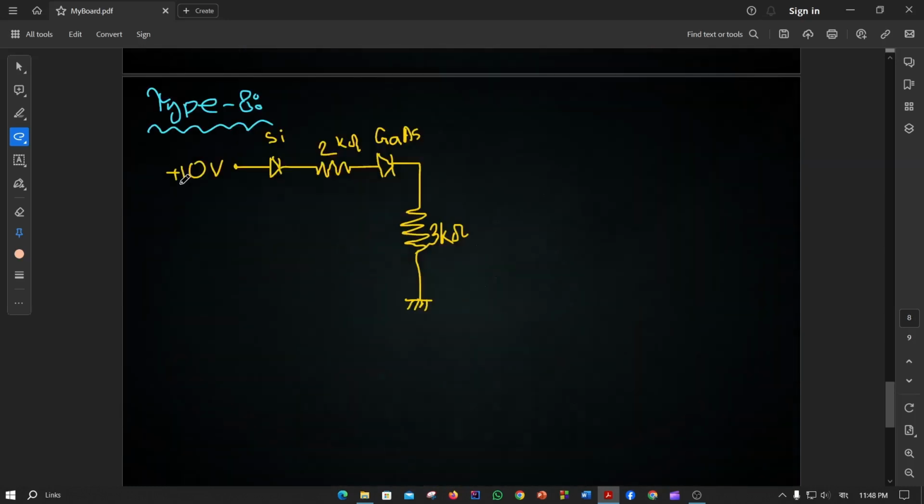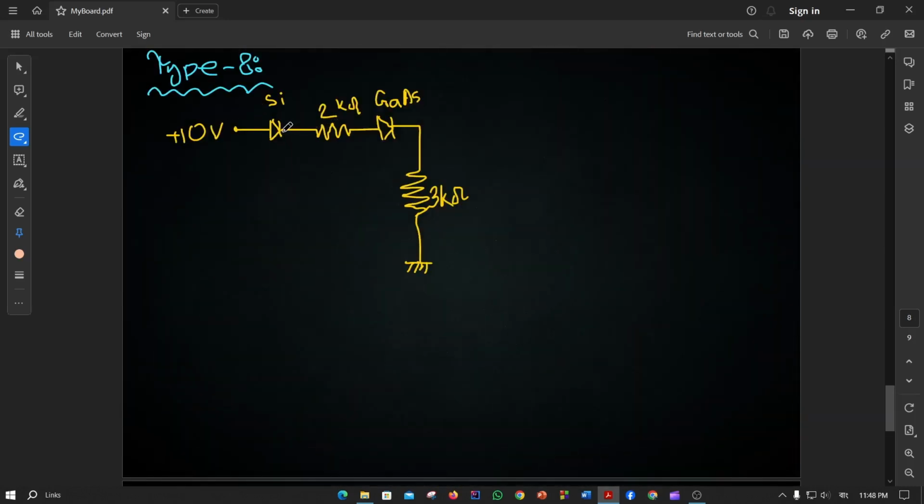Now at type 8, what we can see is 2 diodes and 2 resistances. So the equation will be like this. I hope you understand the alternative circuit, so I am doing the KVL directly without drawing the alternative circuit.